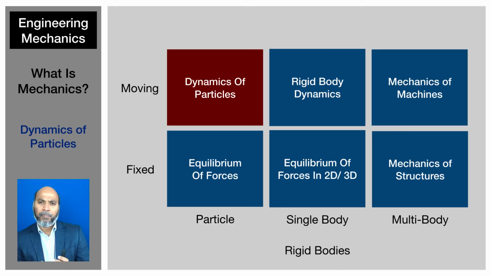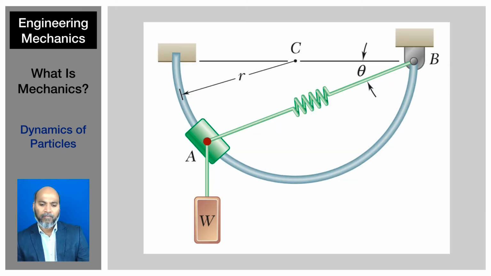Now, if it is a particle but it is dynamic, as in if it is moving, then we have a problem something like this, where you have this green bracket that moves only in that semicircular path, and it is attached to a spring as well. The mass hanging below tries to bring this sleeve to the center, whereas the spring doesn't allow it, because if you try to move it, the spring will either get compressed or stretched.